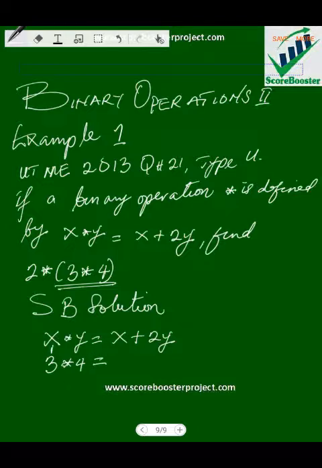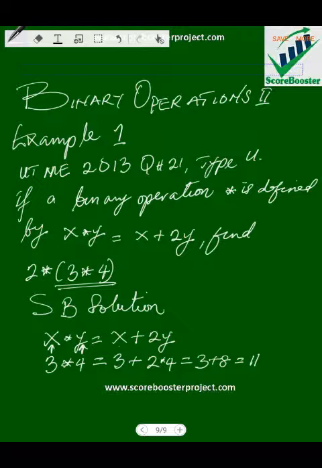You can see clearly here that x is equals to 3, y is equals to 4. So here, instead of x, I'm going to write 3 plus 2 times, instead of y, I'm going to write 4 times 4. And that will give me 3 plus 8, which is 11. It means what is inside the bracket is 11.